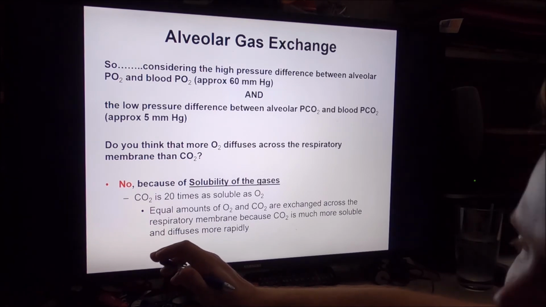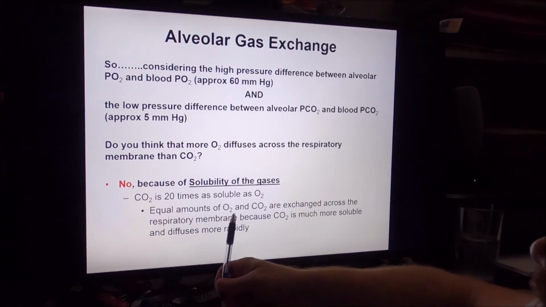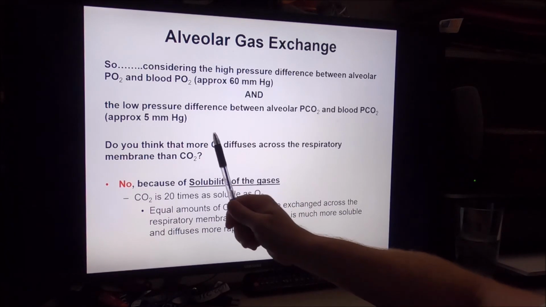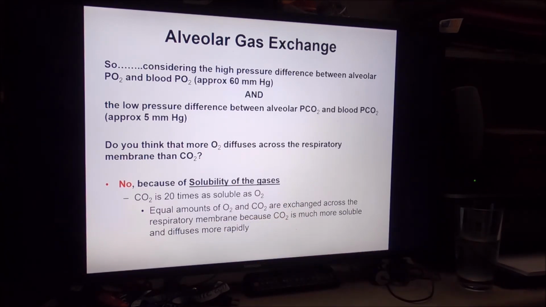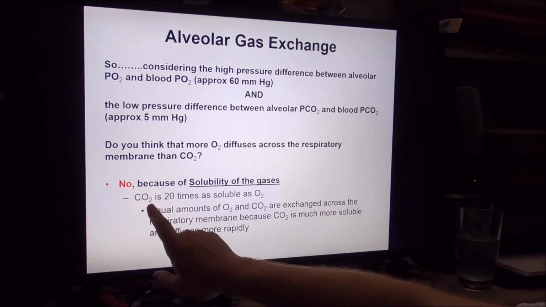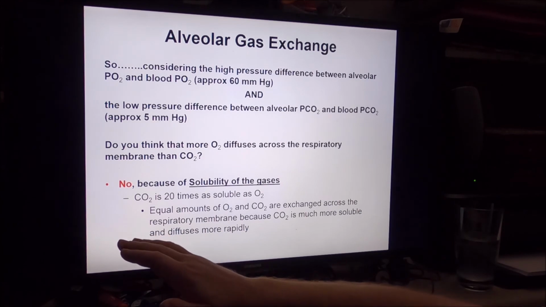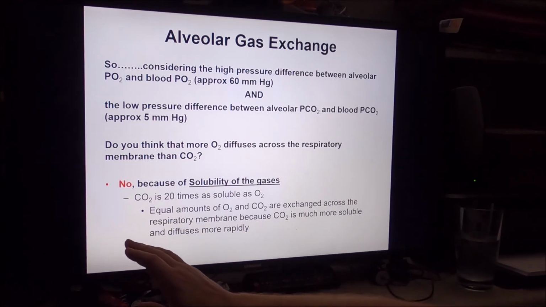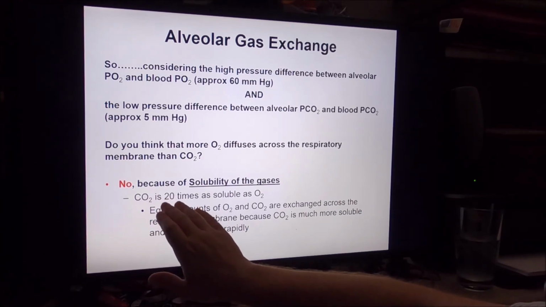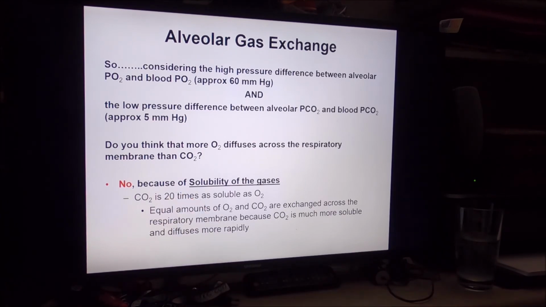So it's very easy for carbon dioxide to move, where it's a little harder for oxygen to move. So you're constantly exchanging these, and you're moving them in roughly equal parts, because carbon dioxide, even though it's got a weak diffusion gradient, is really good at diffusing. It's very soluble as a gas.